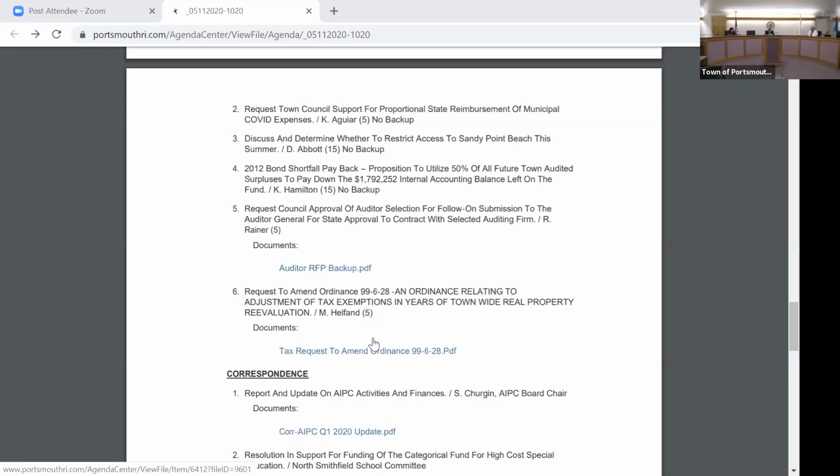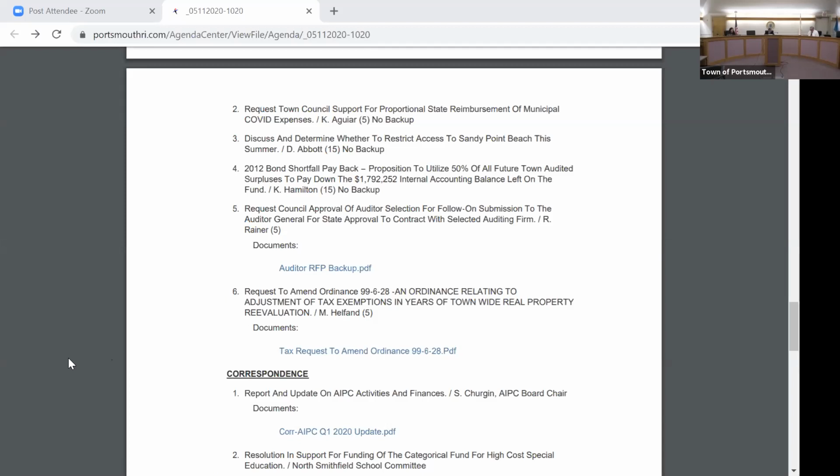A couple of years ago, there was almost this exact same motion, if memory serves me right. But then it was changed to $50,000. What that ends up doing is that it takes $50,000 out of the general fund to pay this down every year.